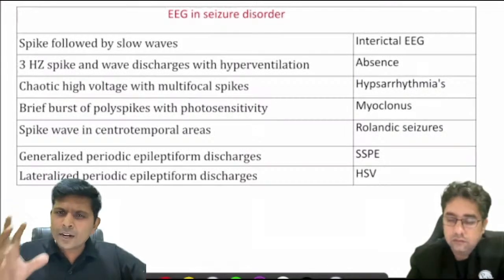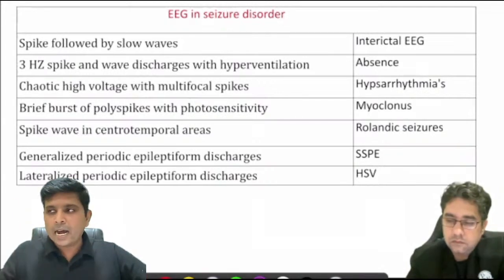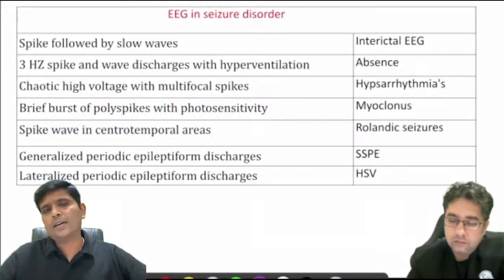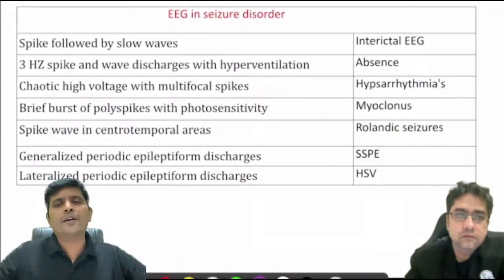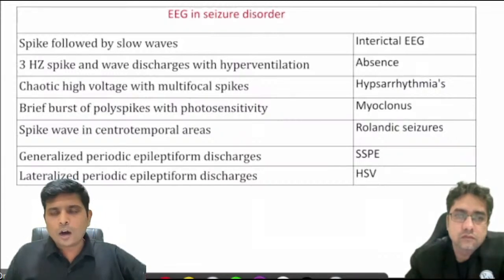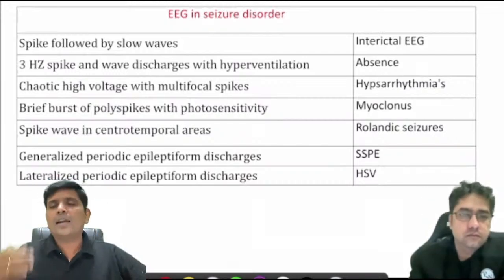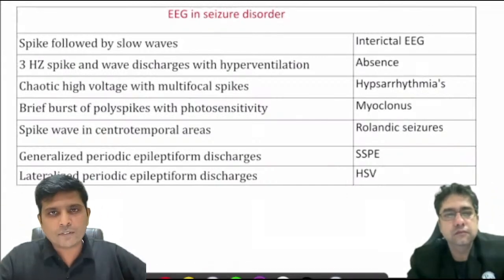Right. Whenever you suspect a seizure, the first and foremost thing as a pediatrician is we will ask the father or mother or granny to take a video of that particular episode. Only when you take a video of the core seizure episode, you can find out whether there is a motor or a non-motor, whether it is with awareness or without awareness.